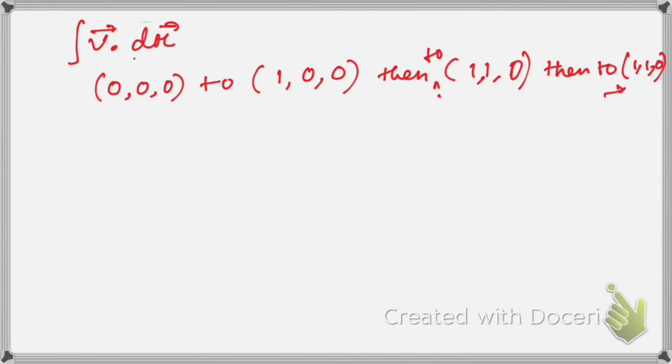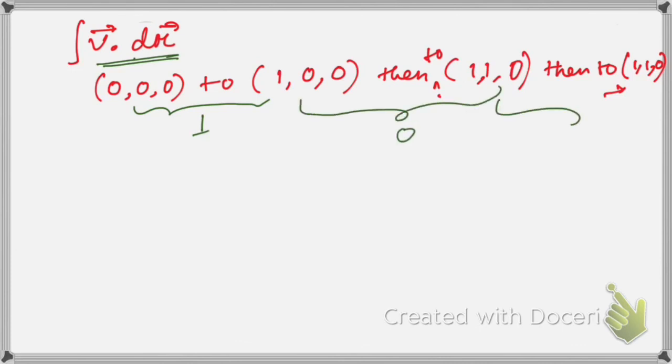When we evaluated from (0,0,0) to (1,0,0), we got 1. From the next point to the following point we got 0, and from the last segment we got 20/3.